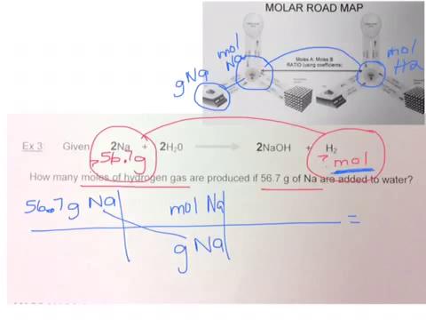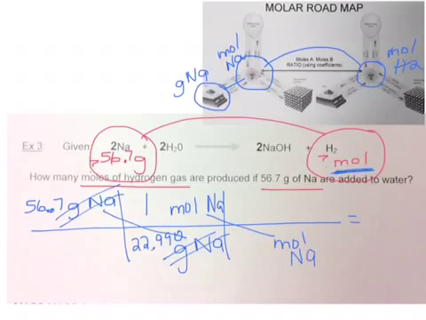So at this point in the old step, moles always had a 1. Grams always came off the periodic table. Sodium's molar mass is 22.990. So nothing new yet. Our grams of sodium cancel with our grams of sodium. We've got moles of sodium now. So we're going to put moles of sodium.